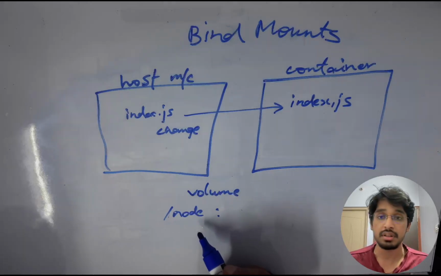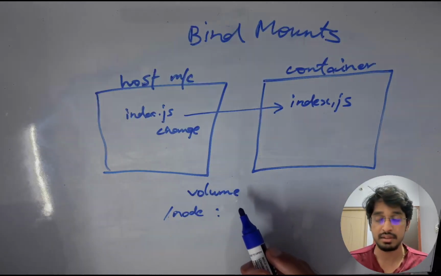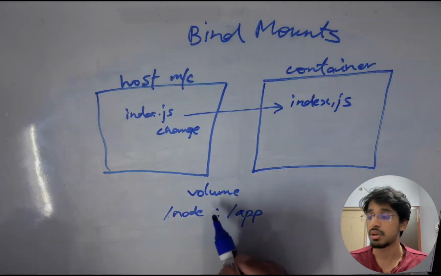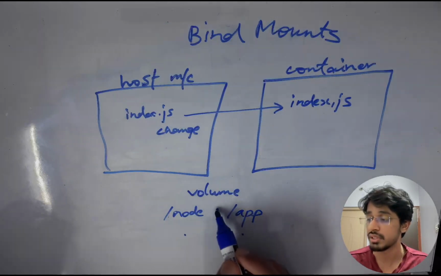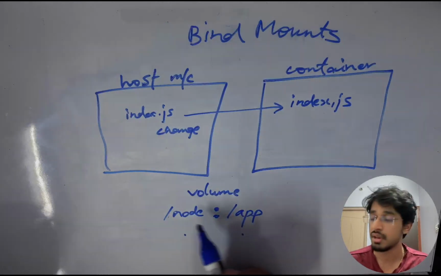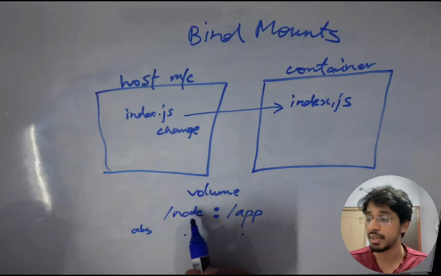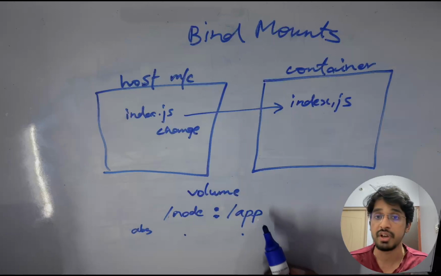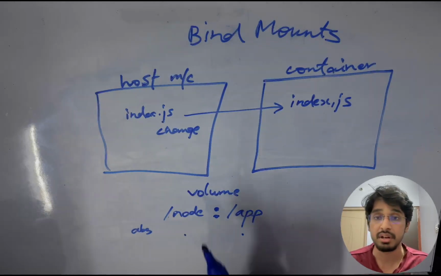We need to mirror the same changes inside the container as well. Our container is running in the app folder, so we just specify /app. Whatever changes we make over here will be reflected here. We separate these by a colon. Here we need to give an absolute path, not a relative path. And this is just /app, where our actual application is running. This is where the mirroring happens.